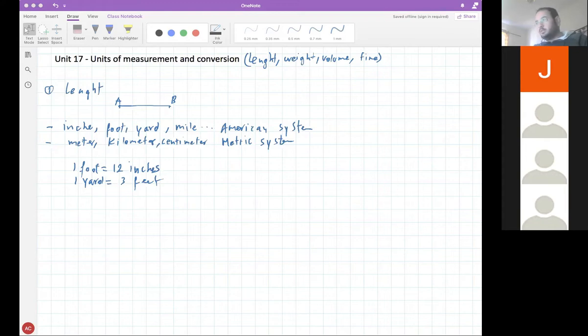So miles. 1 mile is about 1760 yards. 1 mile, which is the longest distance here, equals about 1760 yards.